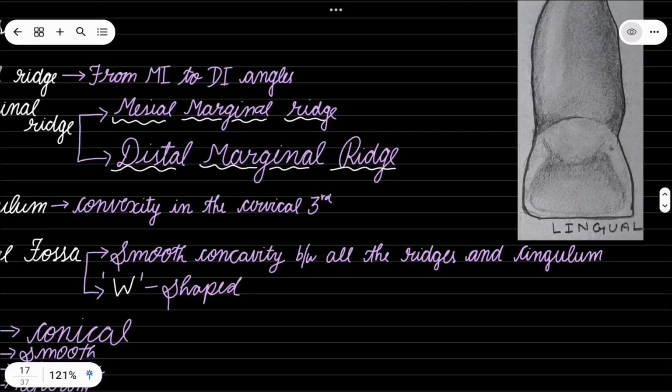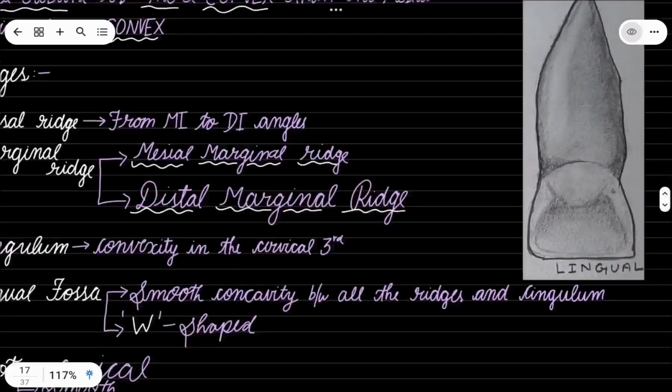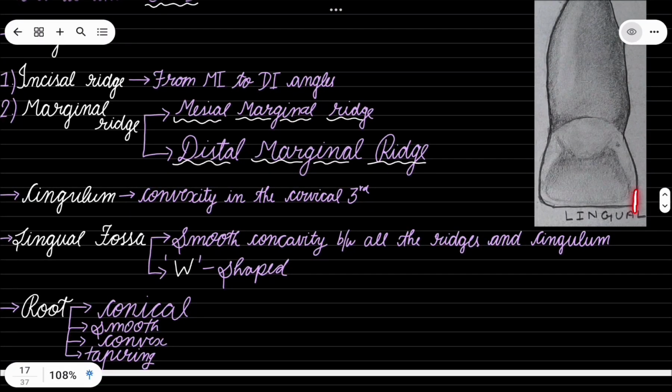So the first ridge you will be able to see over here is the incisal ridge. This ridge which you can see over here is called the incisal ridge, from the meso-incisal angle to the disto-incisal angle. Then we have two marginal ridges. So as the name suggests, this ridge will be at the margin.